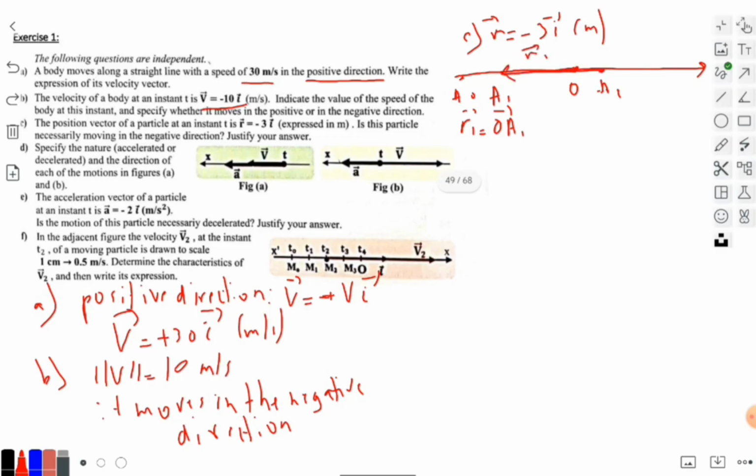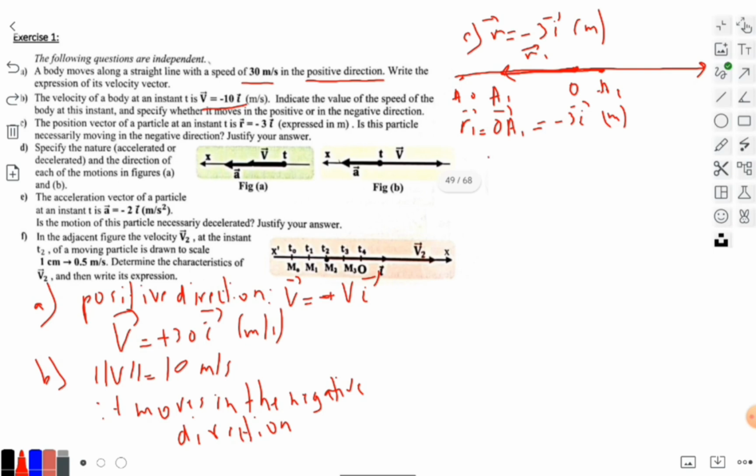In this case, r1 is equal, for example, to minus 3 i meters, while the motion is in the positive direction, since A0, A1, A2 go along the x-axis in the direction of the x-axis.